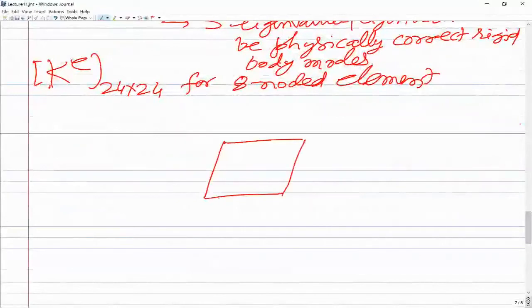If this is x, y and this is z, it can have a rigid body motion along the z direction, since the w degree of freedom is there. Without deformation the plate element just moves along z. If there is no deformation, the strain energy is going to be zero, so the eigenvalue will be zero.